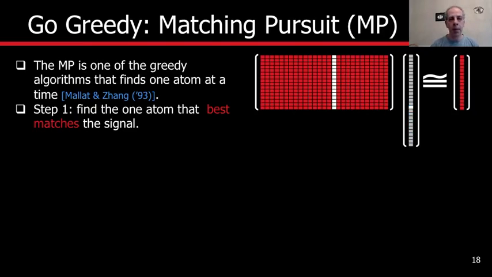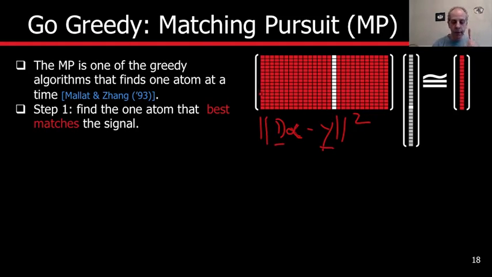What do I mean by the most important one? The one that minimizes the norm of D alpha minus y, squared.